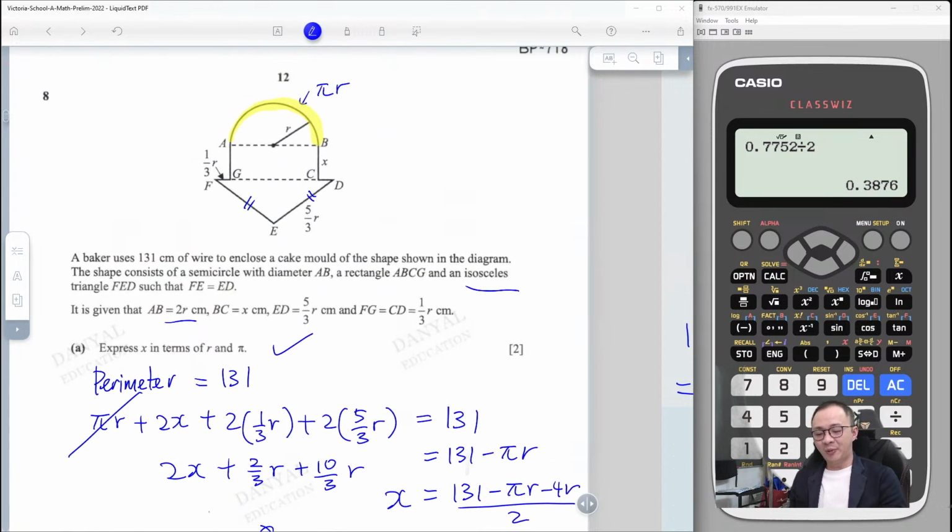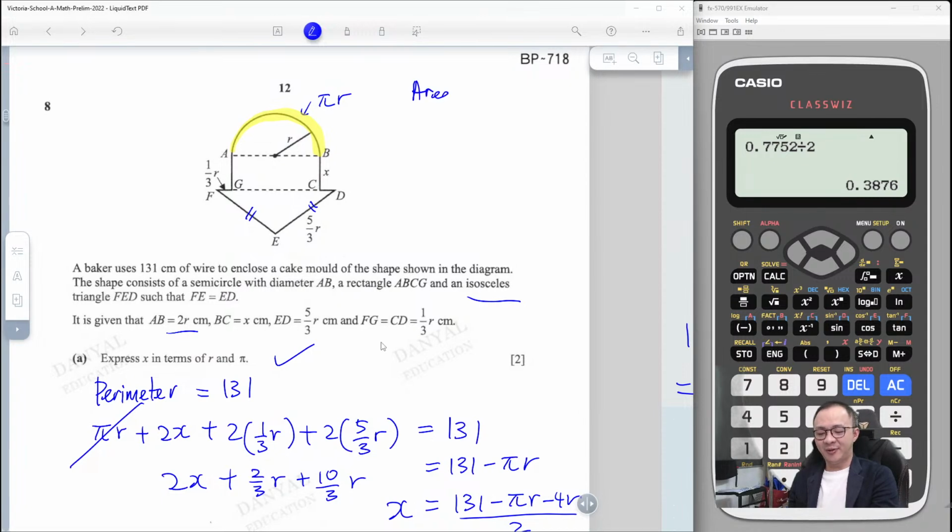Okay, so what we understand about this area P here: we have a semi-circle, which is half pi r squared, and we have a rectangle, which is 2r multiplied by x, 2rx. And then we have an isosceles triangle.